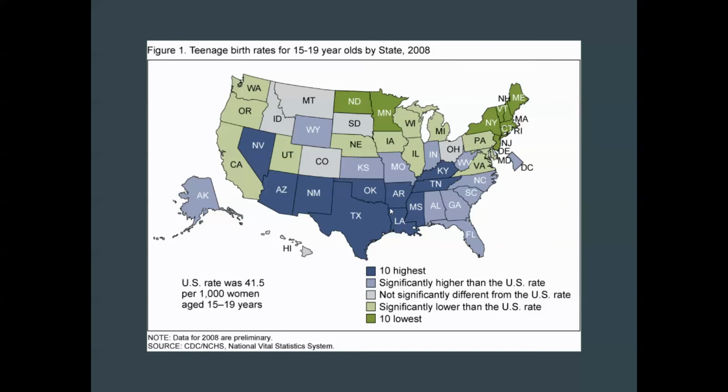What we notice is that our highest states are all in this southern belt, and our lowest states are here. And so we have to ask again, what is the culture of that? As we get into cultural geography later, we may begin to talk about why that is the case. But I want you to look at how clear this disparity is in the map in terms of teen birth rates. So again, consider issues of affluence, education, and opportunities for women.